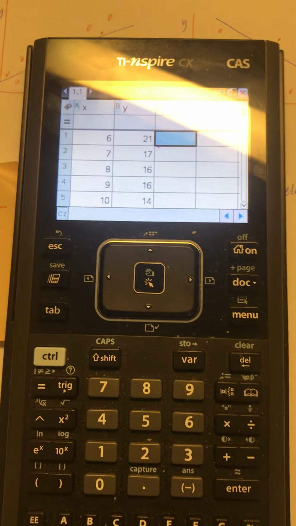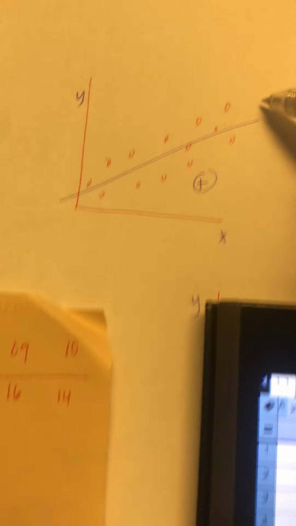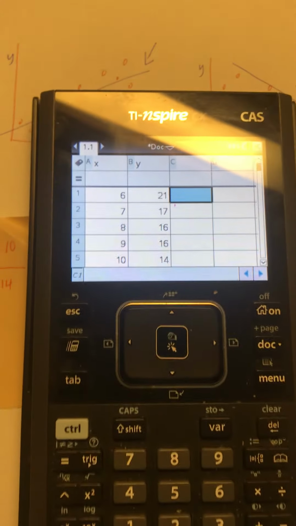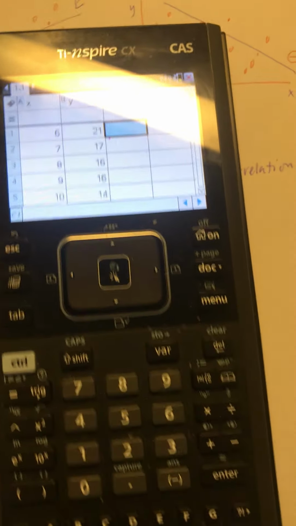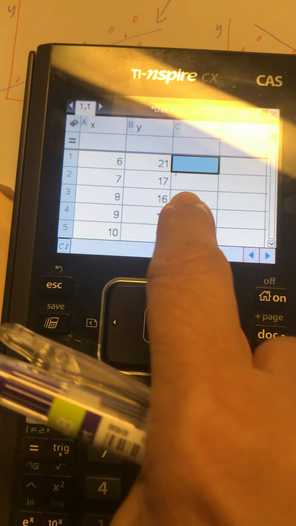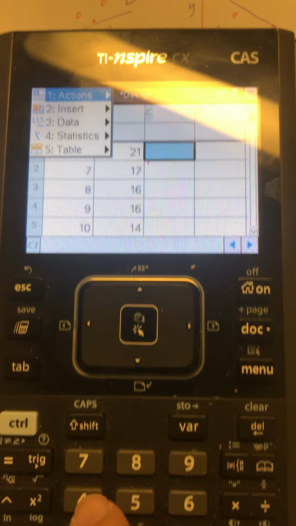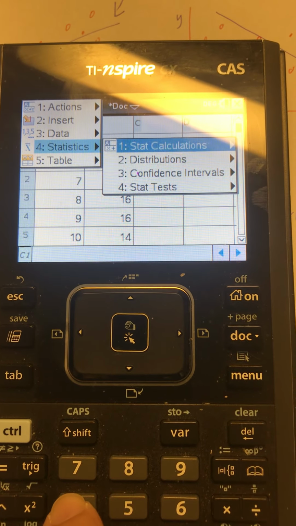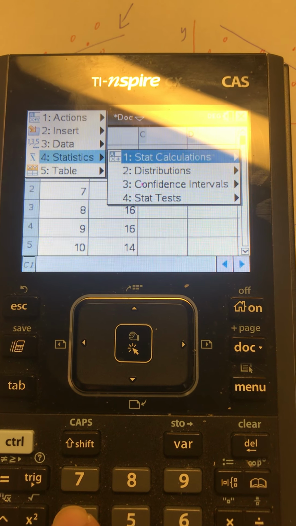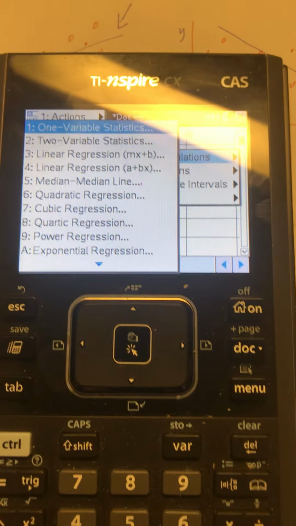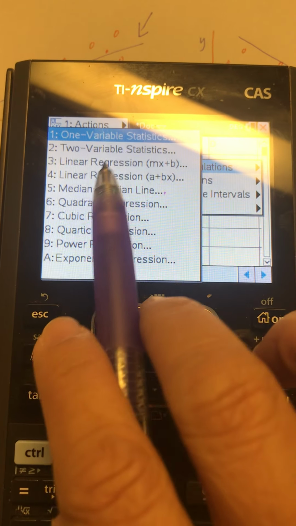What we're trying to do here is get data from the calculator to figure out the equation of our line of best fit, right? We really want to get the actual numbers of our line of best fit. So you go to an empty cell, you press menu, you go to statistics, which is 4, and then you go to stat calc, which is 1, and then it's linear regression.